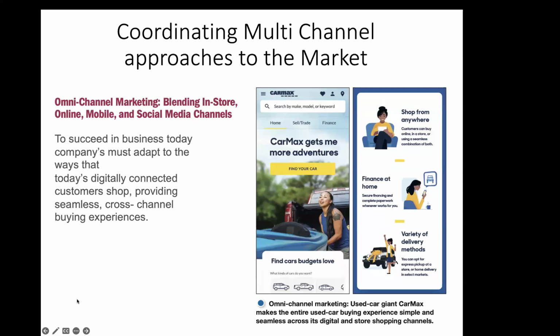So as you can see in this example, with omni-channel marketing, today you can't only stay in a showroom and sell things. Your website needs to sell, your chatbot needs to sell, your app needs to sell, your social media channels need to sell.